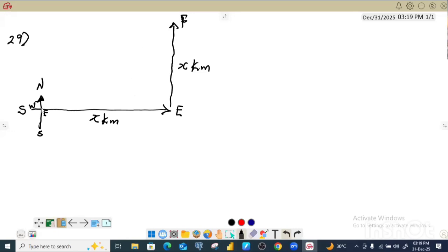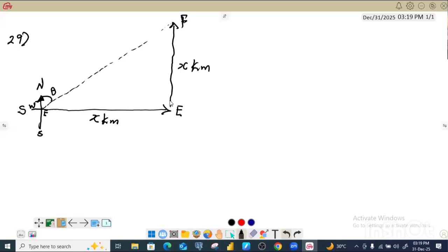To do that, we just need to read the angular separation between the north of the starting point and the line joining F and the starting point. So that is this angle that I label as theta.